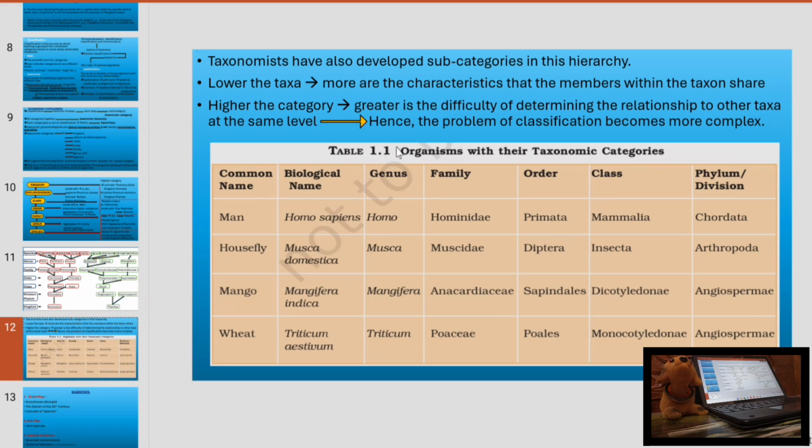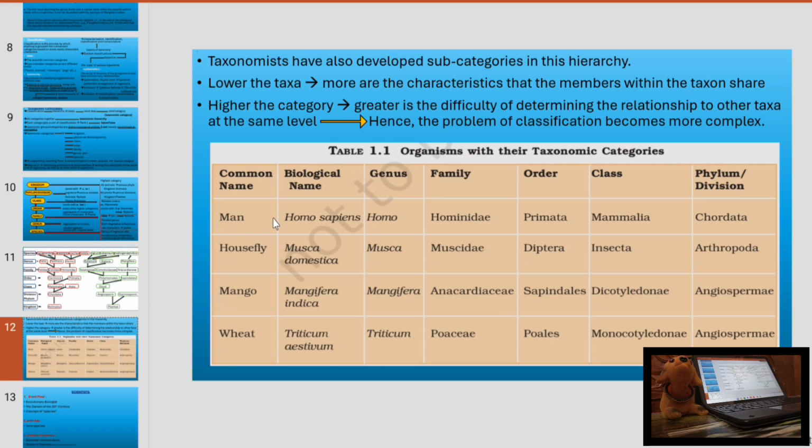Okay, this is the taxonomic category table. Let's go through it. Here are some common names: man, housefly, mango, and wheat. Given are the common name, biological name, genus, family, order, class, and phylum or division.